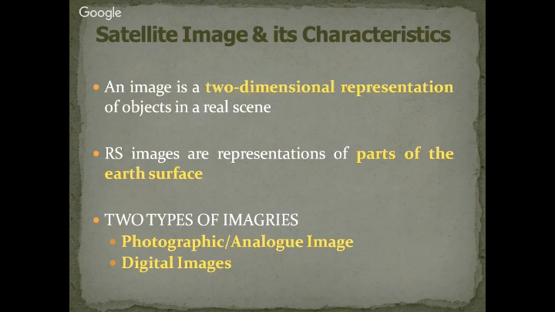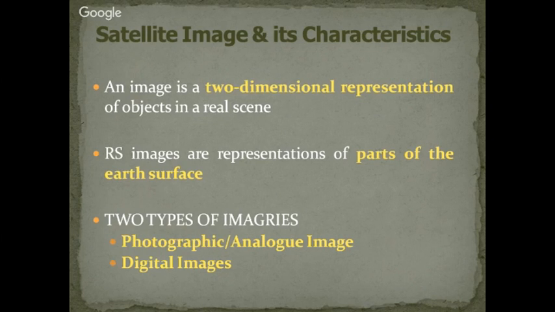So now let us talk about satellite images, what satellite images are and what are their characteristics. Now, a satellite image usually is a two-dimensional representation of reality. Now, these satellite images either pertain to the entire Earth surface or some part of it.